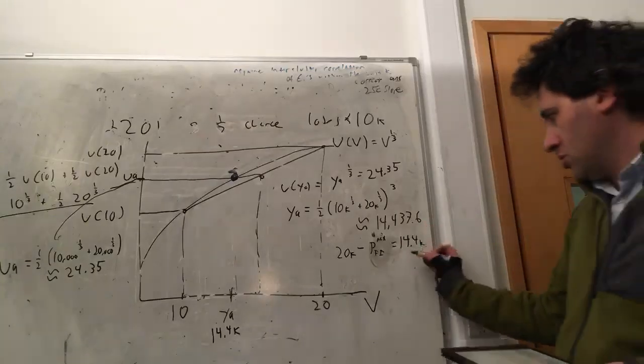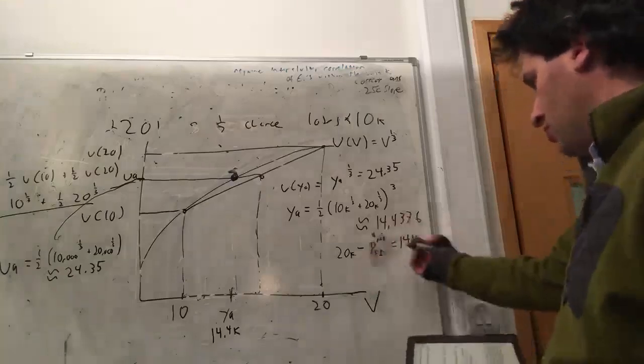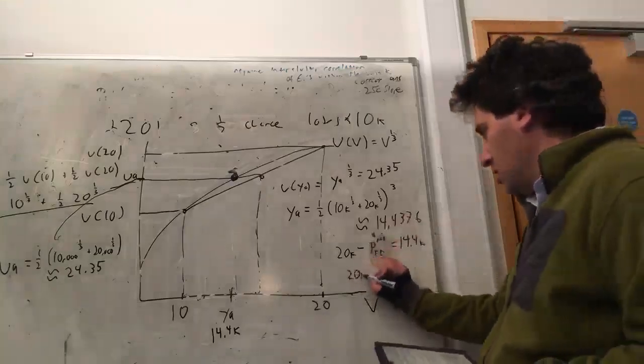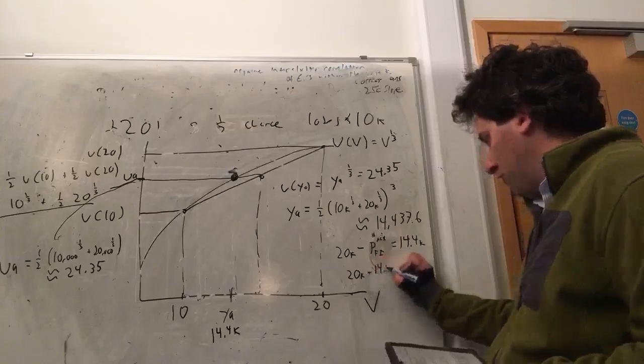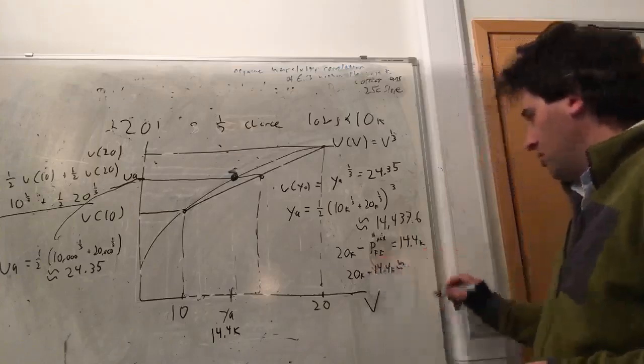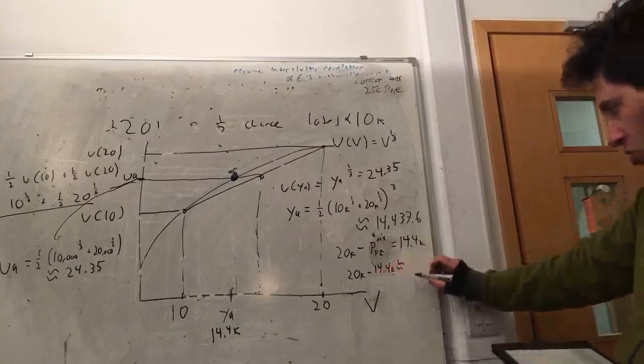So in other words, we have 20,000 minus 14.4 thousand, which is approximately the maximum she'd be willing to pay for this insurance.